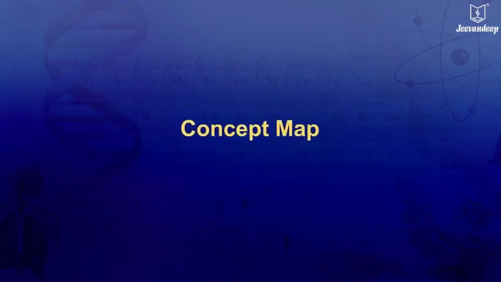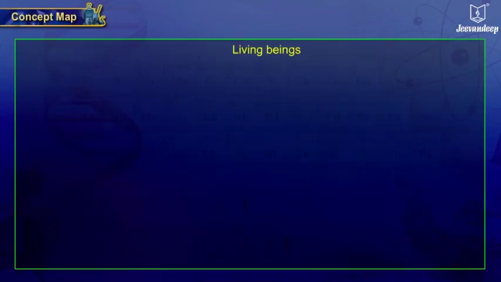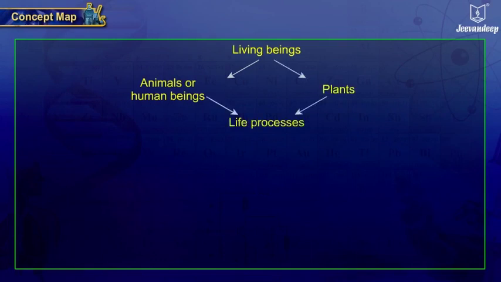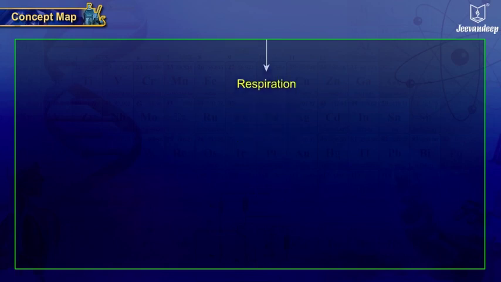Concept map. All living beings, that is, animals or human beings and plants, need life processes to sustain. The life processes include nutrition, respiration, transportation, and excretion.